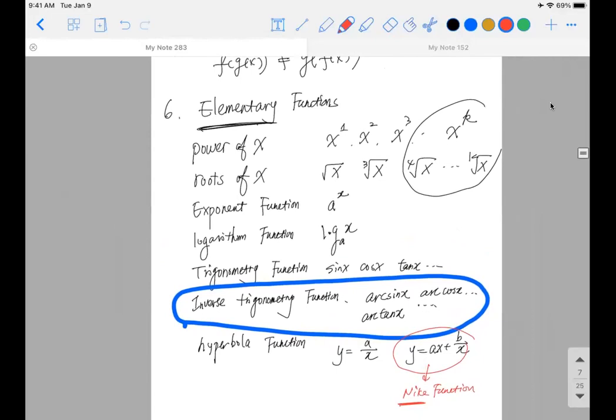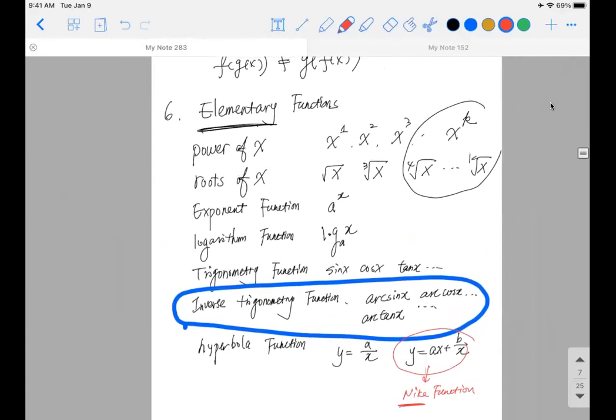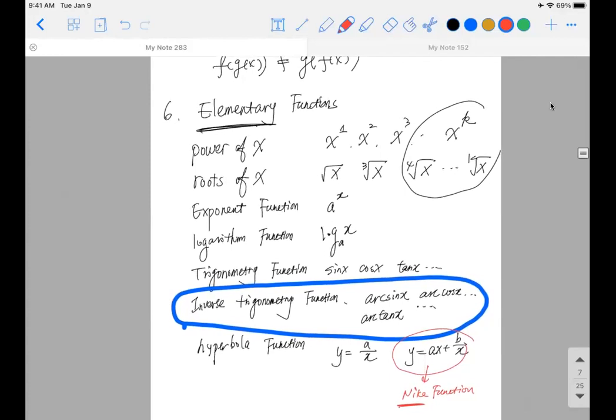A lot of advanced functions can be derived using combinations of different elementary functions. That's the reason why most of these elementary functions you have already learned so far, right? These are considered to be the foundation for all functions.